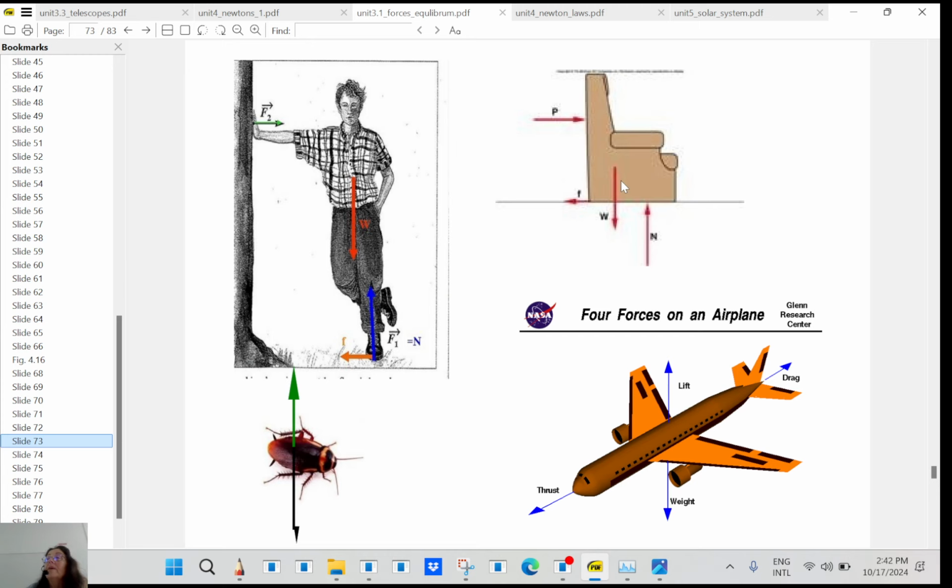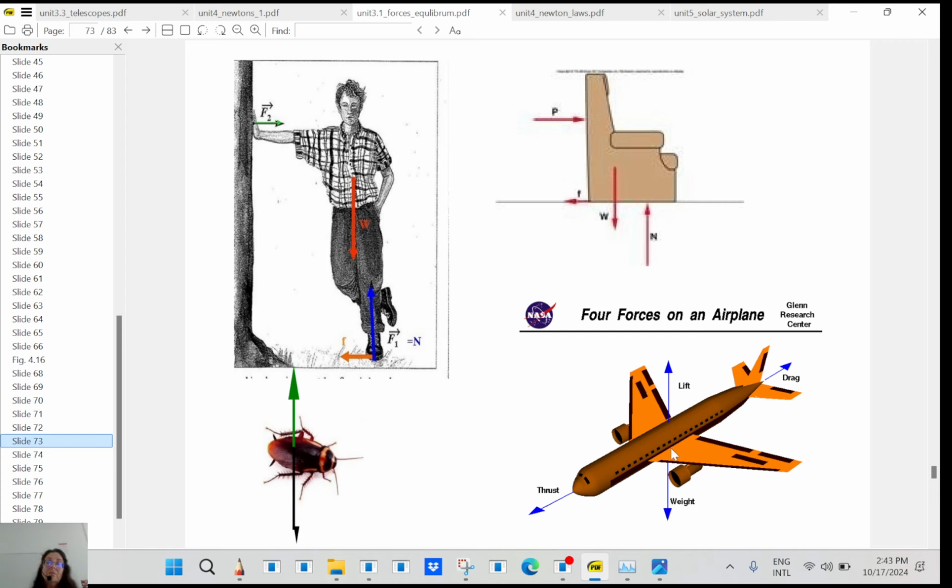Is the sofa accelerating or not? Yes, you have the push, kinetic friction, the weight and the normal force. So yes, because the push is larger than the kinetic friction. If you want to find the acceleration, it's going to be winner minus loser equals ma. We're going to see that next.